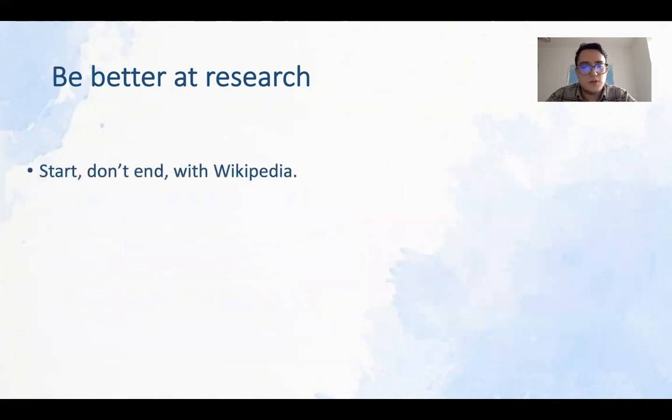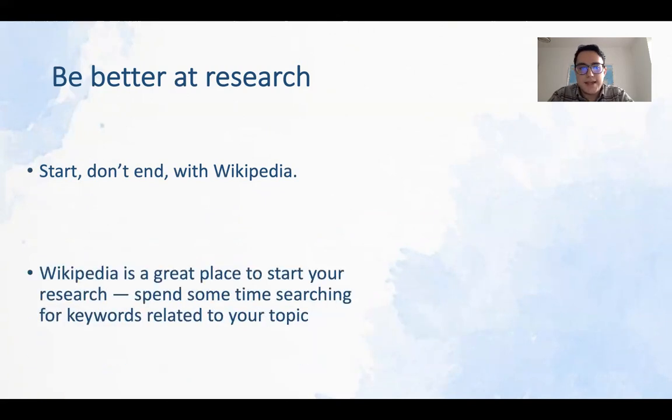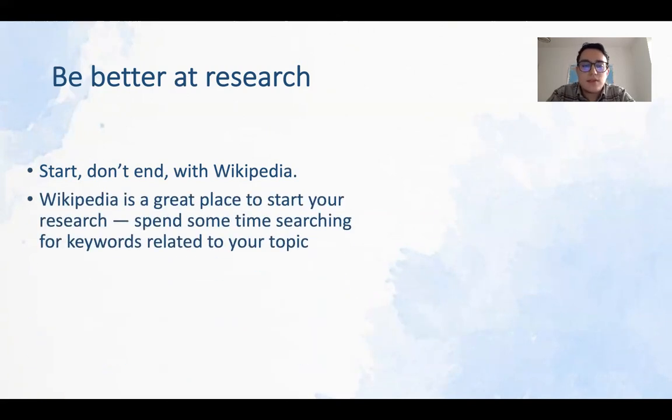Start, don't end with Wikipedia. Okay, so with Wikipedia, what you can do is start your research. Start from Wikipedia, but don't finish with Wikipedia. Why is that? Wikipedia is a great place to start your research.